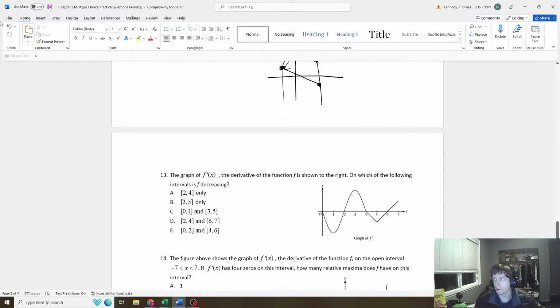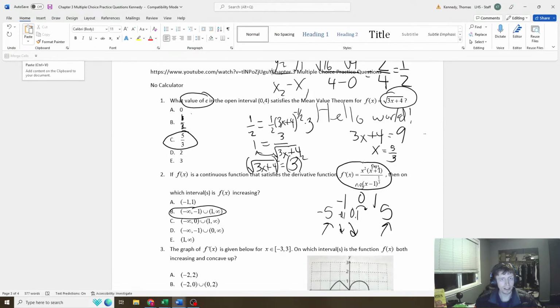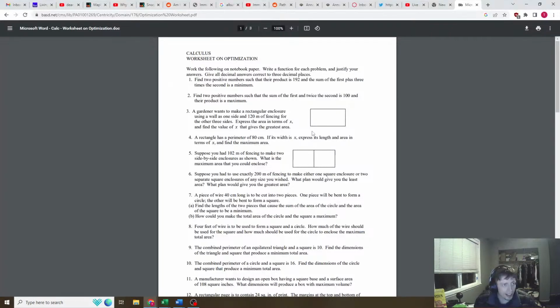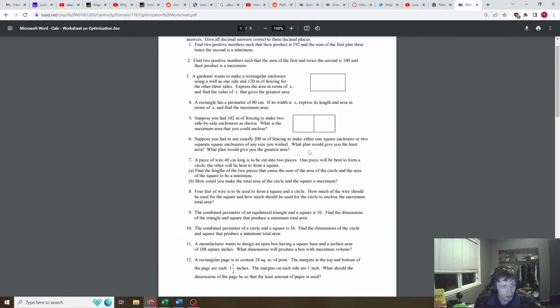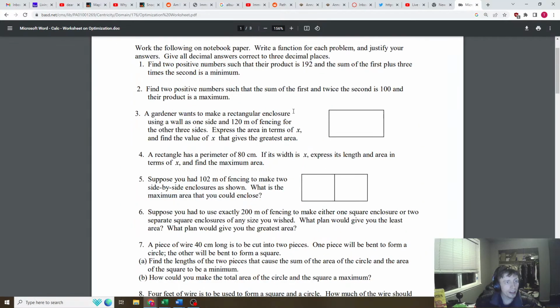I totally lost my mouse. Disappeared from my screen. Concerning. Oh, I see what's up. Okay, no, that was user error on my part. All right, let's check this out. This looks good. Calculus worksheet on optimization. Look, it even has answers. Sweet. Power of internet searching.